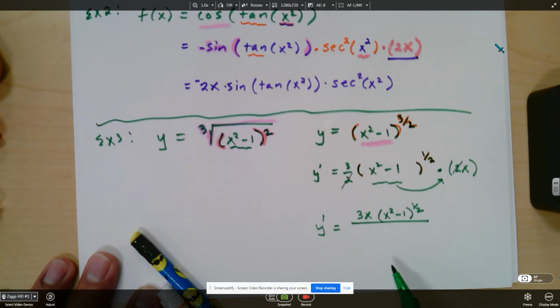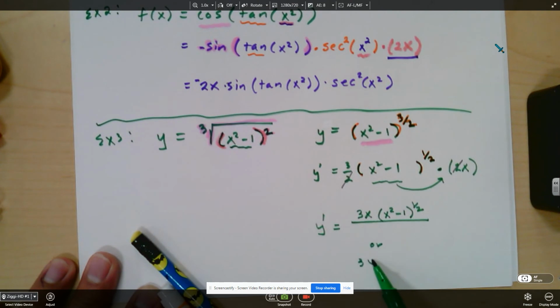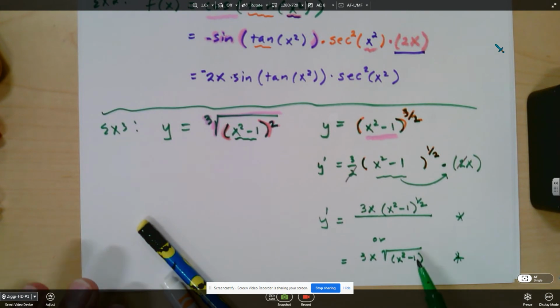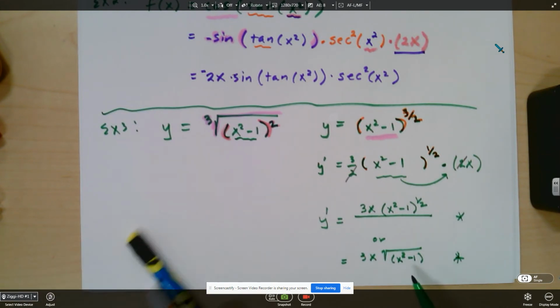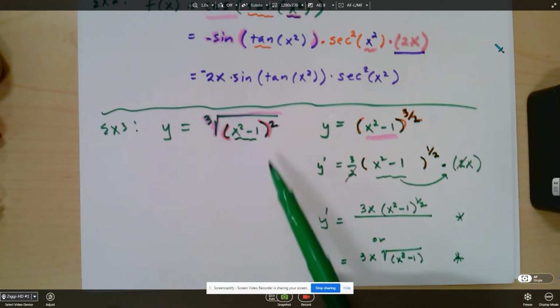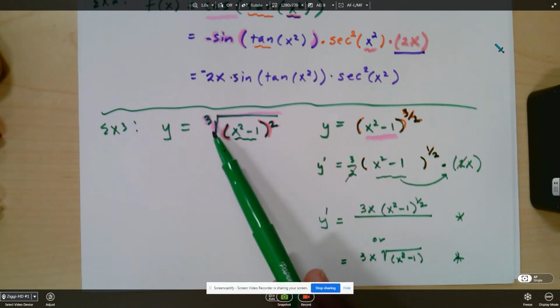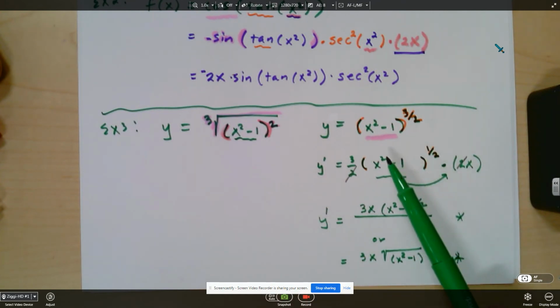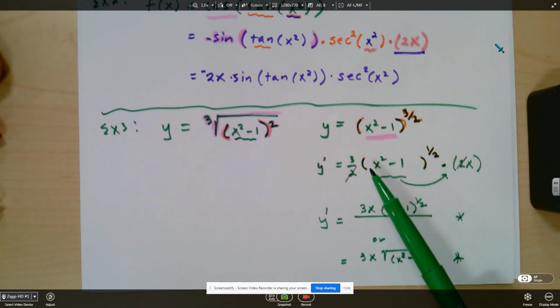I can just leave it like that, or if I wanted, leave my answer like this. So both of these are good answers. The back of the book will probably convert them back to square roots like this one. Okay, so just 2 layers here if you rewrite it like that for this one.